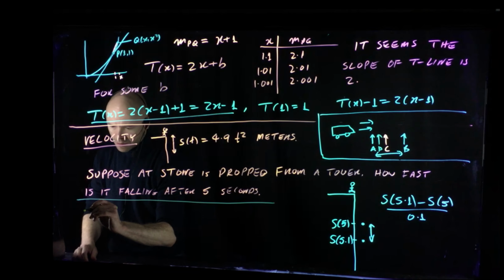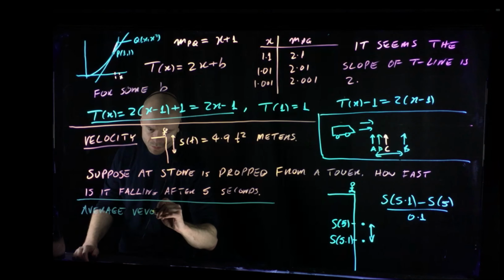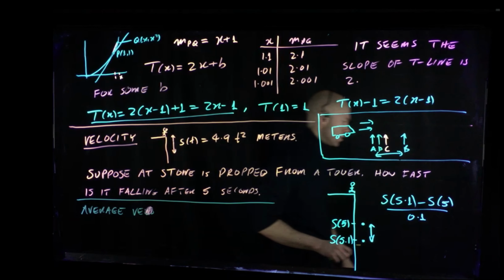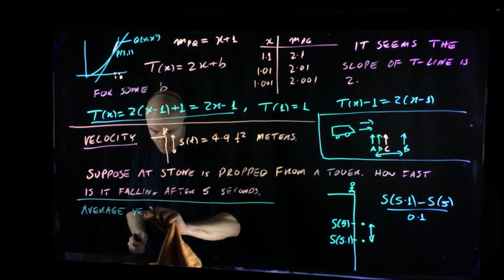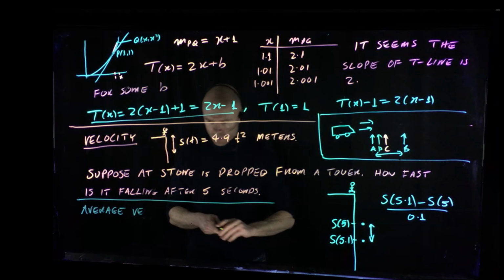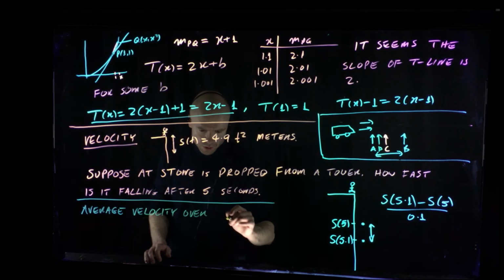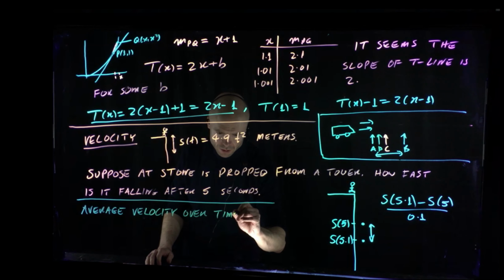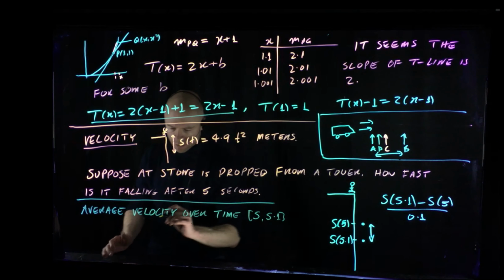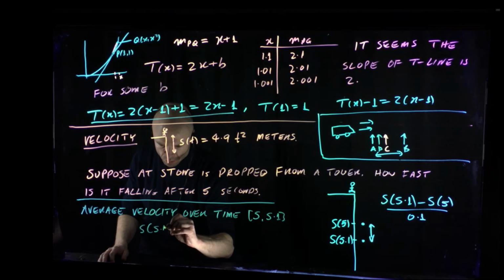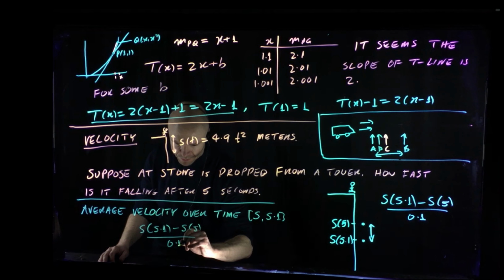So average velocity over time interval, I'm going to just write it like this, 5 to 5.1. What's that going to be? It's going to be s of 5.1 minus s of 5 over 0.1. Okay?